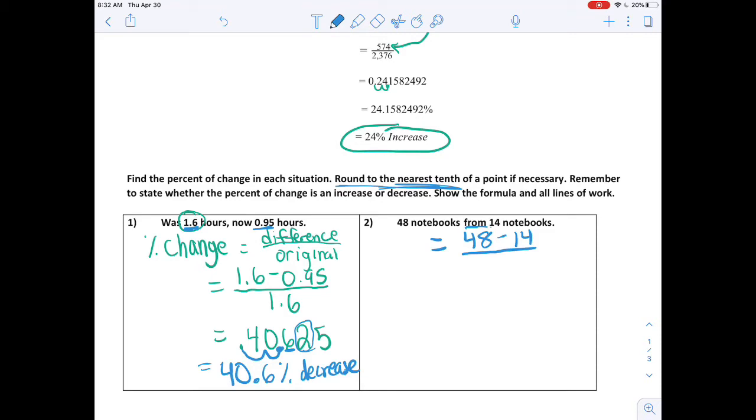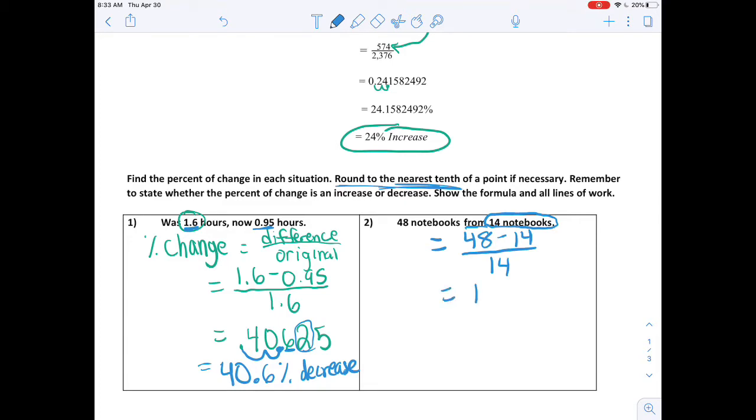Well, this word from 14 notebooks is indicating that these 14 notebooks are what you started with. So the original is 14. Again, using your alpha y equals in your calculator to get that fraction, you're going to do 48 minus 14 divided by 14.